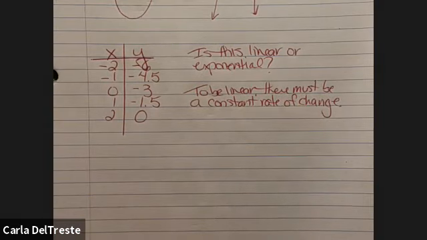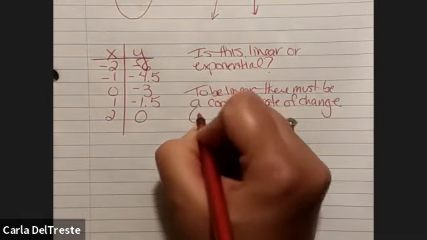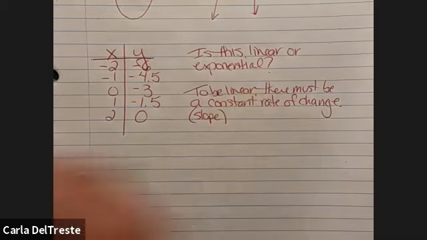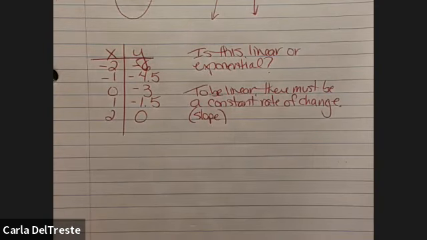And we learned that rate of change is the same thing as slope. I'll just put that in parentheses here. And we learned that slope is the change in y over the change in x. We talked about it as rise over run. So it's the change in the y direction over the change in the x direction.